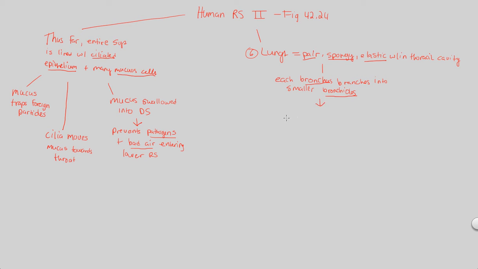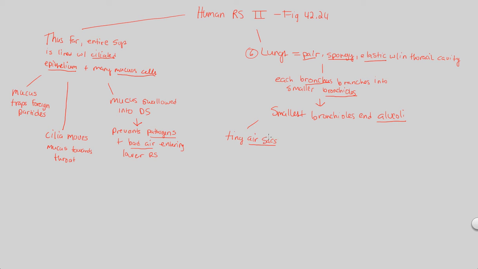And eventually, the smallest bronchioles are going to end their branching, and those smallest bronchioles are going to end in what are known as alveoli. This is a term to definitely remember. It's basically the functional unit of respiration. The alveoli are going to be tiny air sacs, and that makes sense, right?